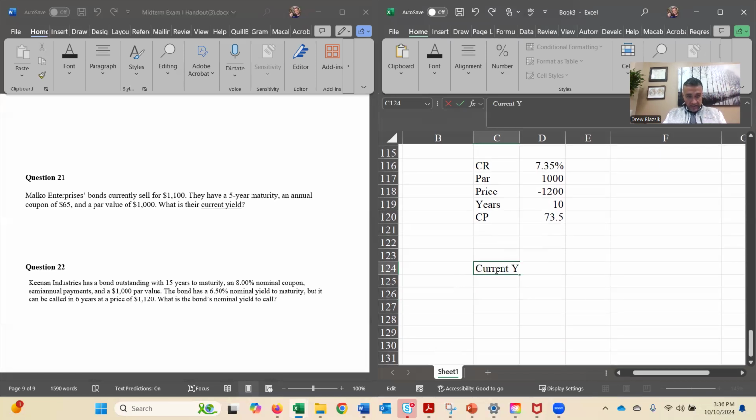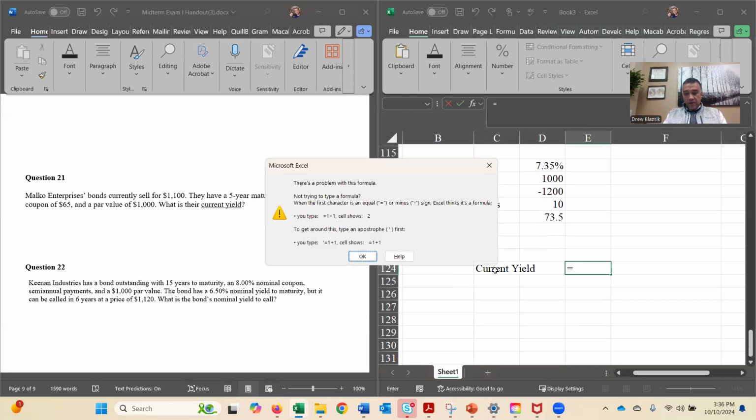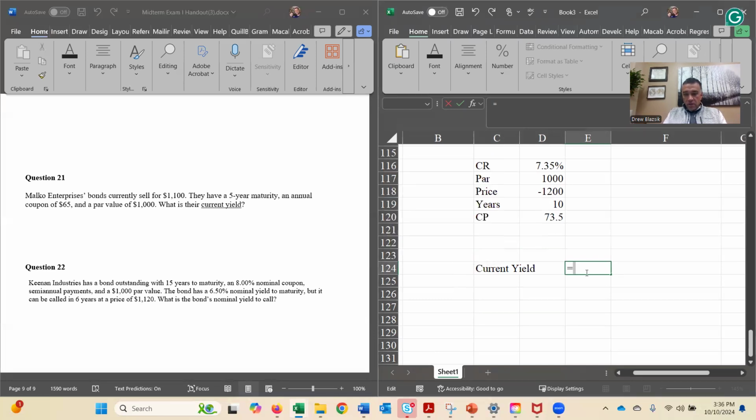Current yield is equal to the annual coupon payment divided by price. That's all it is. So what is the annual coupon payment? $65 divided by 1,100. If that was semi-annual, you got to make it annual.